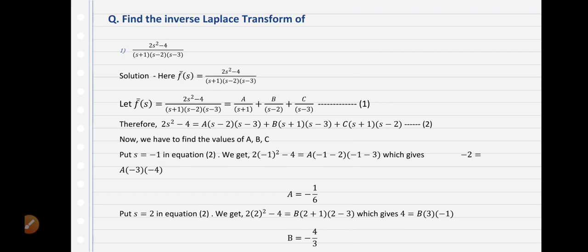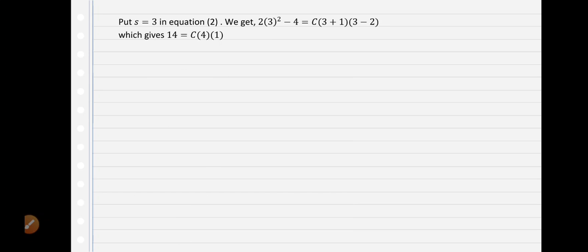Now we have to find the value of capital C with substitution of s as 3. So put s equal to 3 in equation 2 and you will get the value of C as 7 by 2.